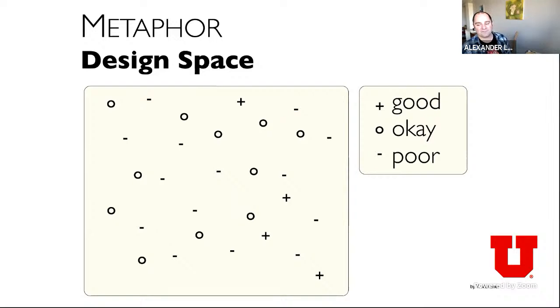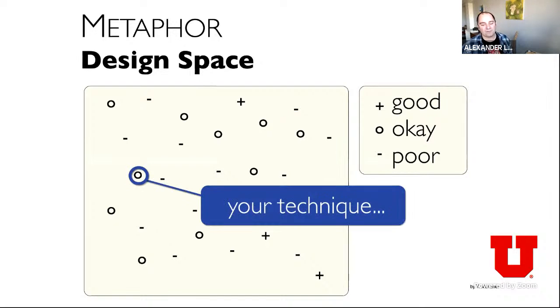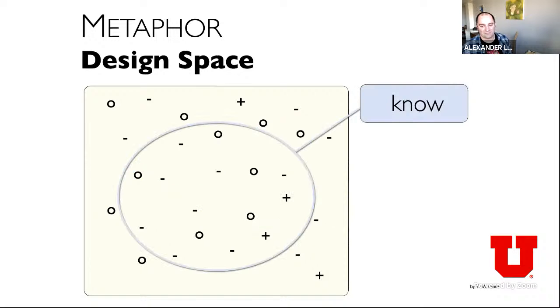Some of those solutions might be good, some of them might be okay, some of them might be poor. So one thing is, here's my technique, and that might be an okay solution for a particular problem, but clearly not the best solution. And the design space is, of course, such that you can only pick among the techniques in a design space that you know about.